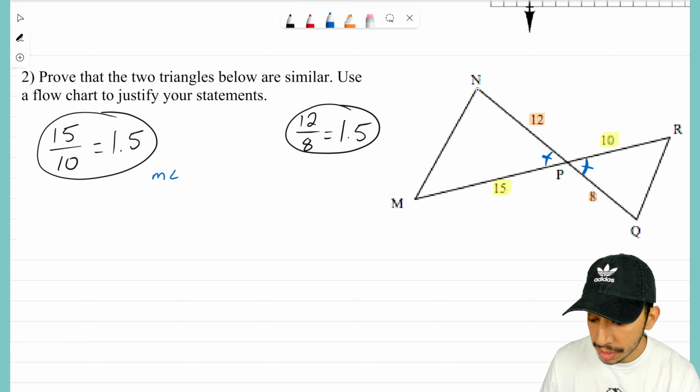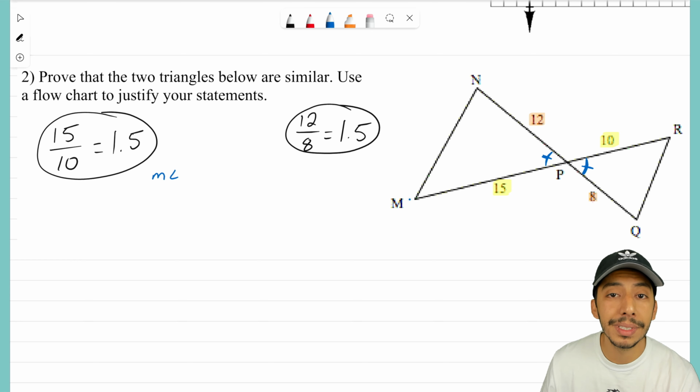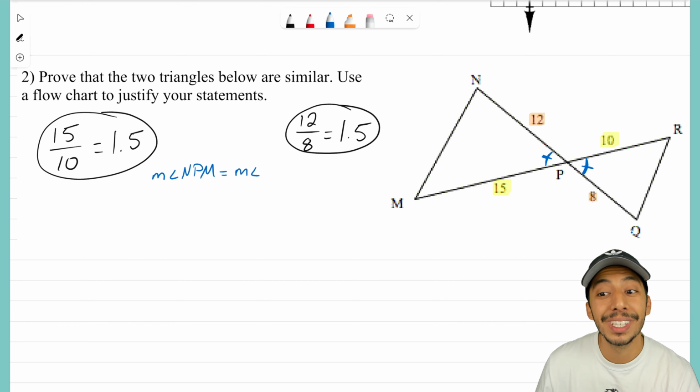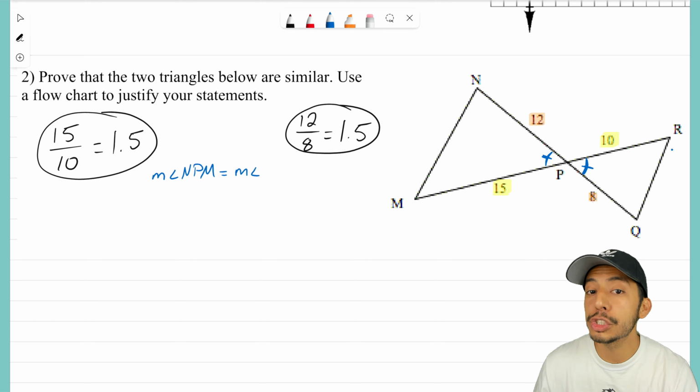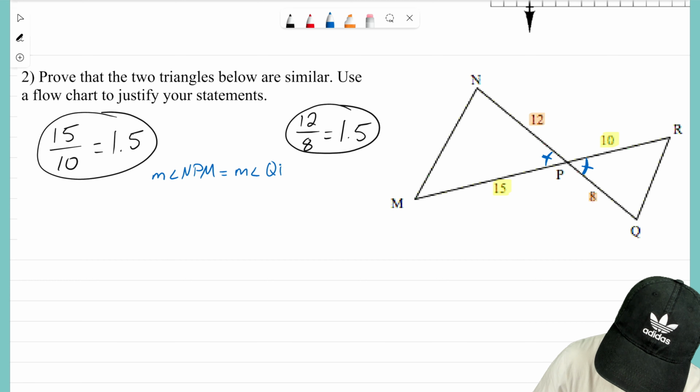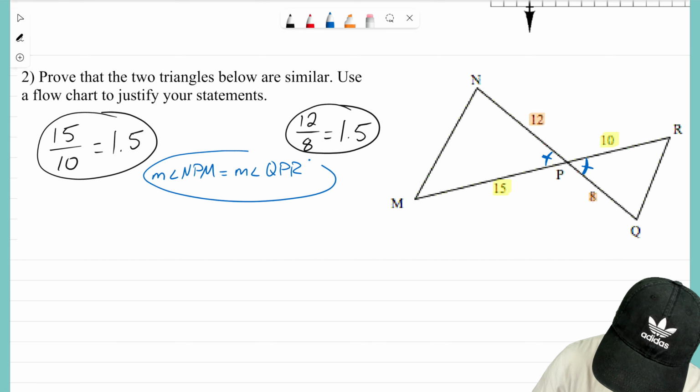We'll call this angle NPM. So the measure of angle NPM equals the measure of angle, we'll name this one now, QPR. Just trace the angle out, get your three letters, QPR. And that is our final fact for our flowchart.